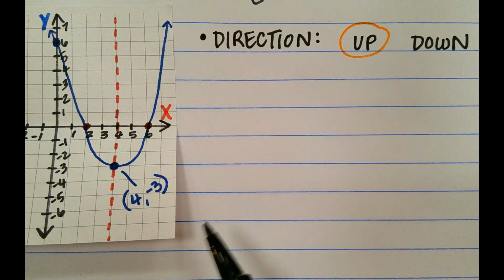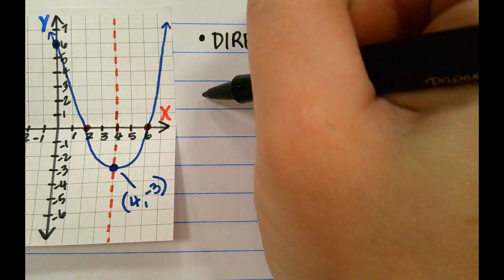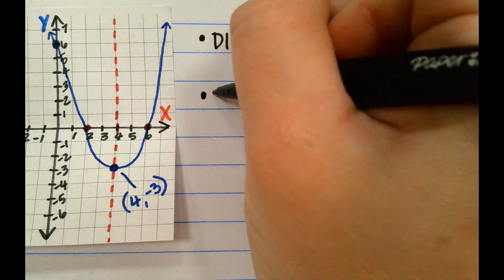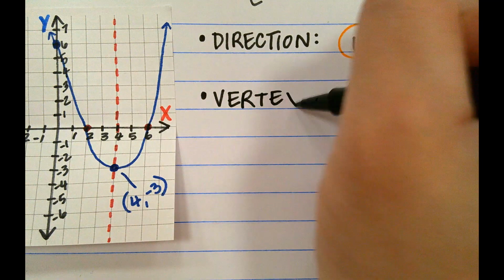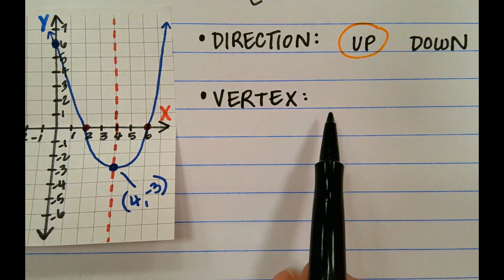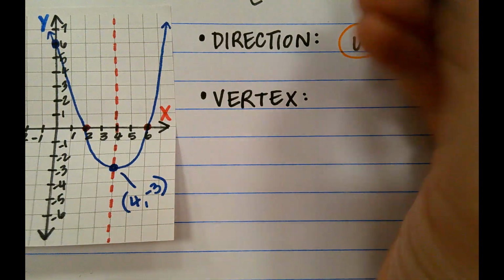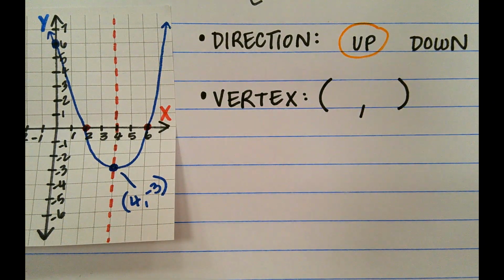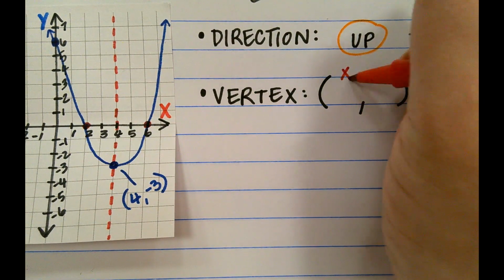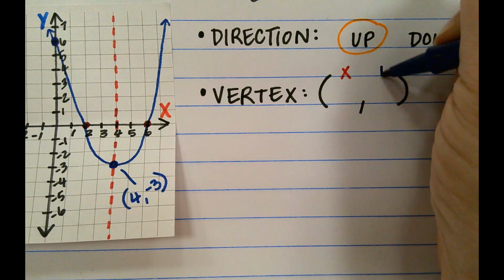Okay, now the next thing that we'll be identifying is the vertex. So we're going to write vertex. And the vertex will always be a coordinate. It will be an x value, then a y value. So it might not be a bad idea to label an x and a y, if that helps you.